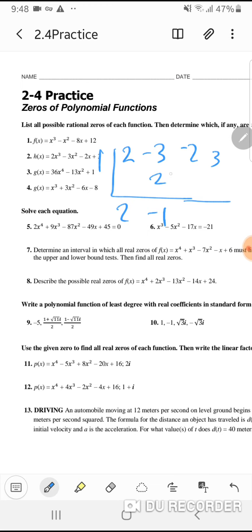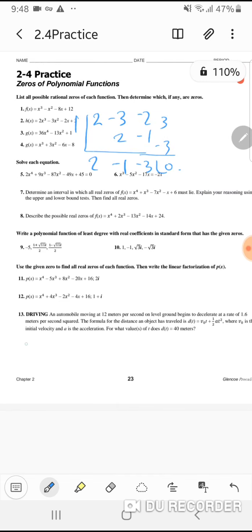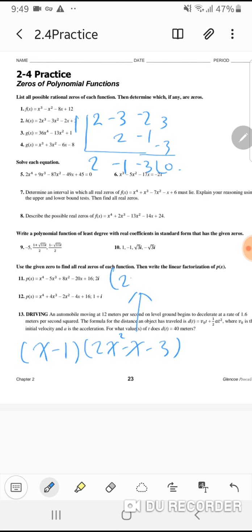So we do that, -1, -1, -3, -3, so that's 0. So 1 does work. So x minus 1, and then 2x squared minus x minus 3. That is 2x minus 3, and then x plus 1. We can know that because if we solve it, we get 2x squared minus x minus 3, which is the same as that.